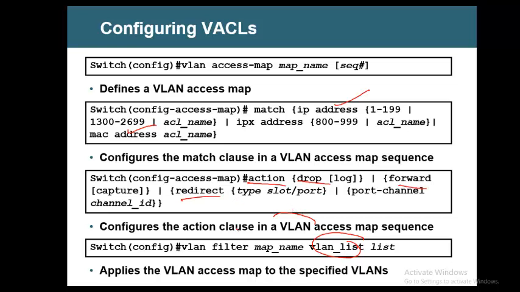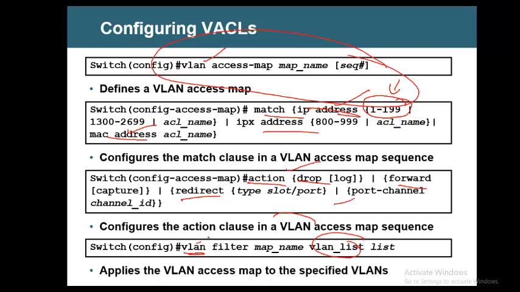So this is how we create an access map for VLAN and we specify what to match. Even the IP address can be matched, even though it is a layer 2. You can call a layer 3 access list here. And then optionally you can include MAC address. You can take actions and then apply it to a VLAN.